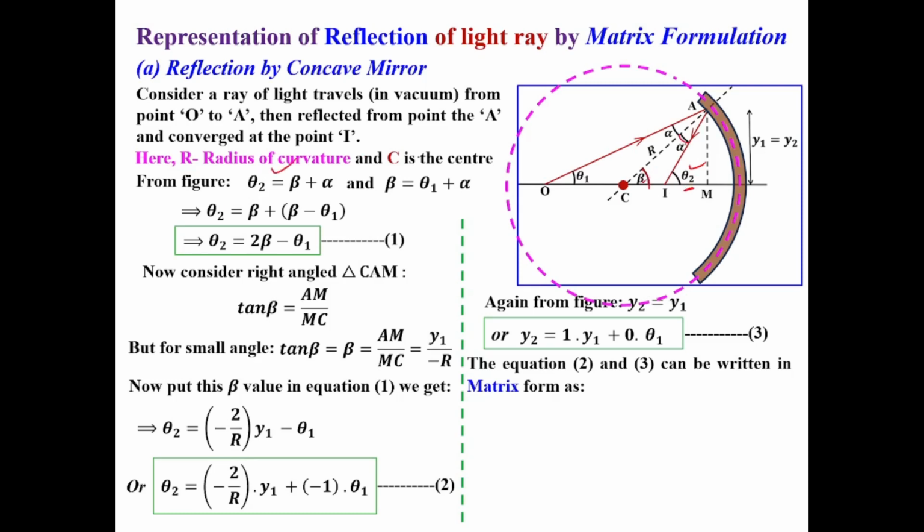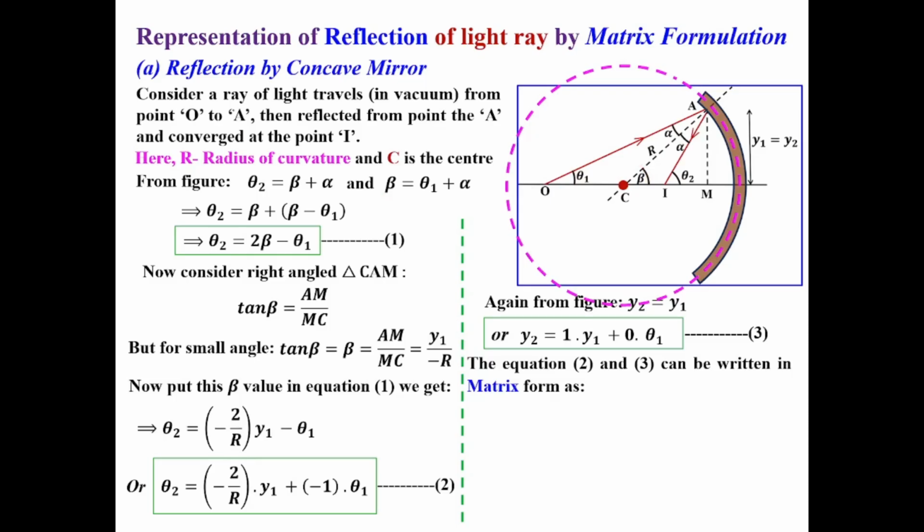And beta is the sum of these two angles, theta 1 and alpha. As the ray is reflected from A, this angle is the incident angle and this is the reflected angle. So if this is alpha, this is also alpha. If we consider triangle COA, then this angle is the outside angle, so beta equals theta 1 plus alpha.